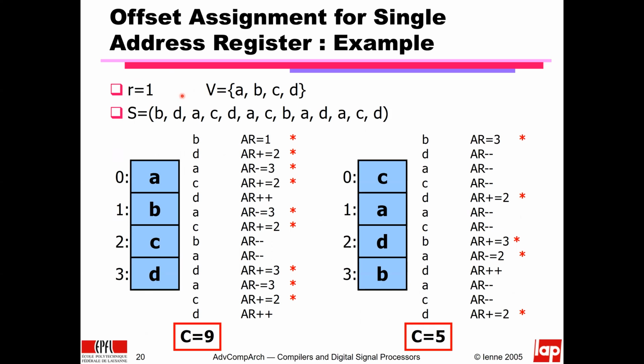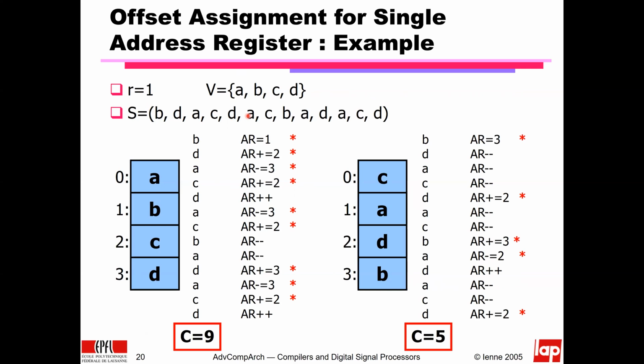I have 4 variables that I have to store somewhere in memory. And my program, for whatever reason and for whatever purpose, accesses these 4 variables in this sequence, right? Accesses B, then accesses D, then A, then C, then D, then A again, and so on and so forth.